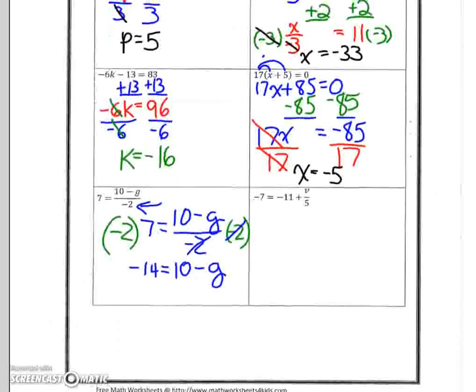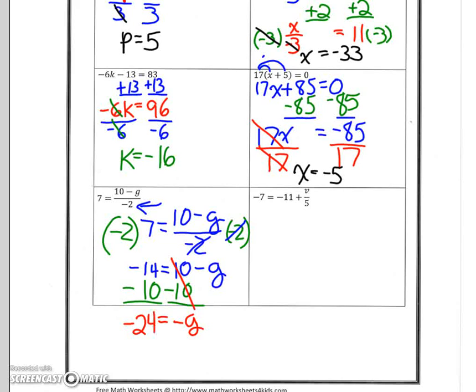And so, moving up a little bit, we're going to subtract 10 from both sides to get the negative g by itself. That will leave us with negative g equals negative 24.